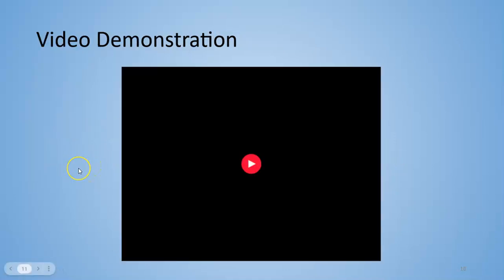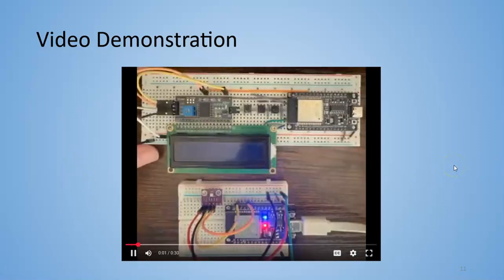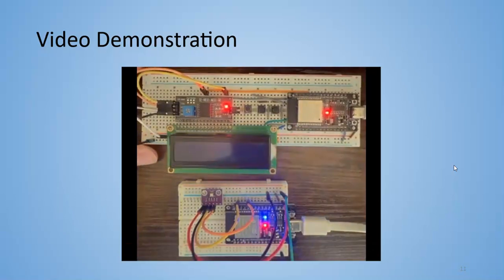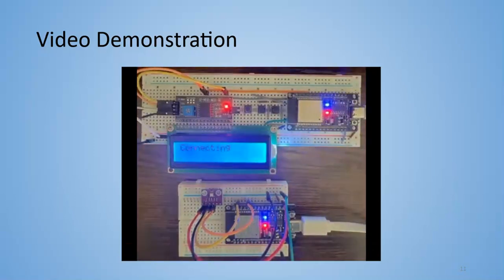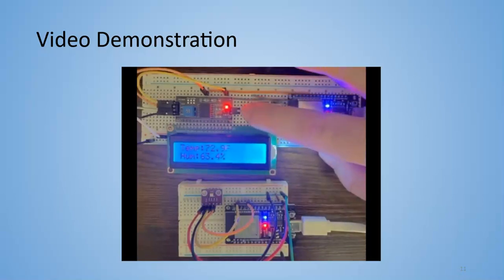So here I actually took a video demonstration of using those 3 buttons on the display node and how they work. So here it turns on and shows the IP address that it's connected to on the local network, shows the new format.